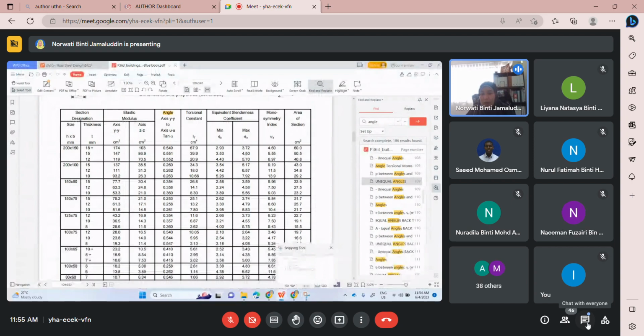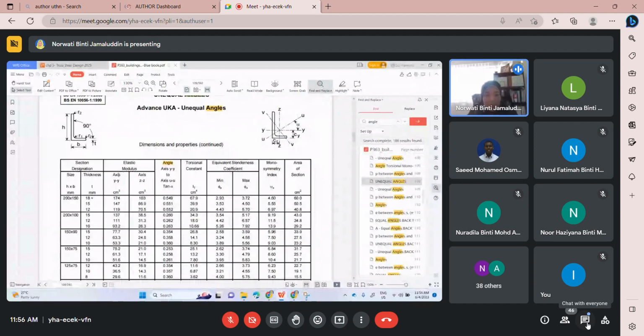Sorry, doktor, boleh ulang? I don't think you want to arrange your purlin sangkut like this. Sangkut. Okay. I have, based on the blue book, elastic modulus, we have Y, we have Z. Okay, so which one do you want to use?